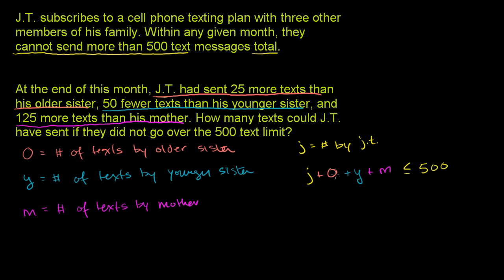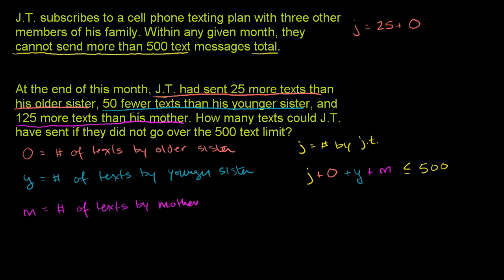Now, how can we express each of these in terms of the number of texts JT sent? Well, they give us some information here. This first statement, JT had sent 25 more texts than his older sister. So J is equal to 25 plus the number of texts of his older sister, which we say is O. It's not a 0. That's an O for older sister.